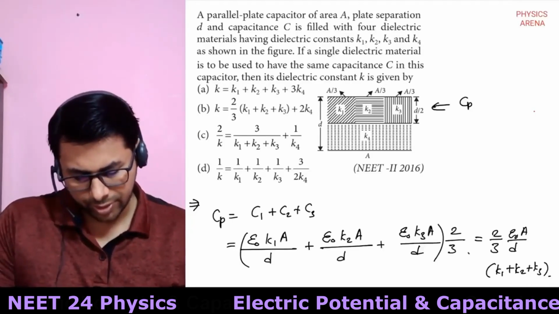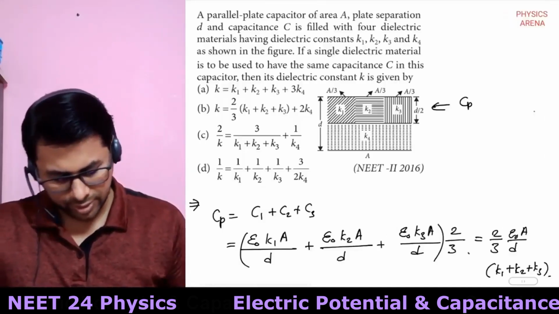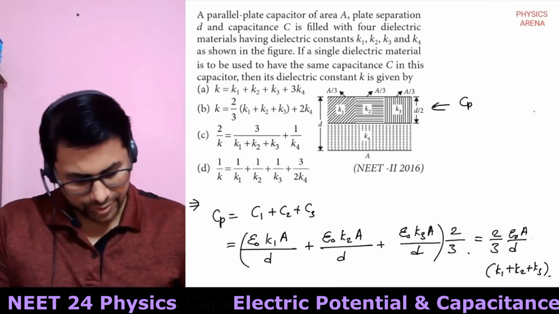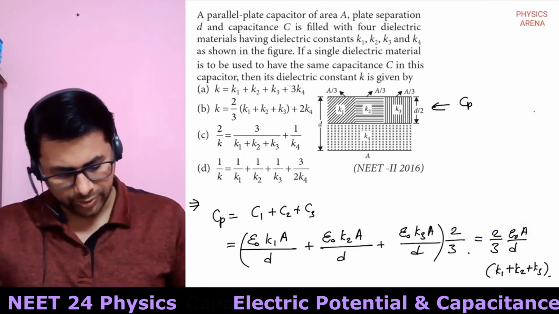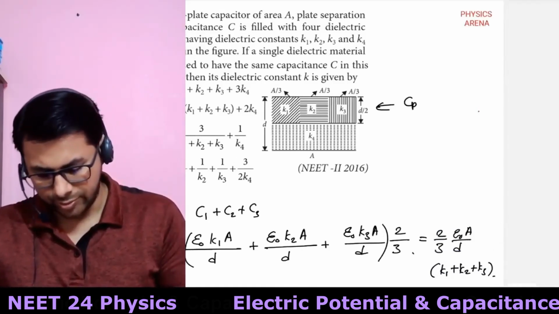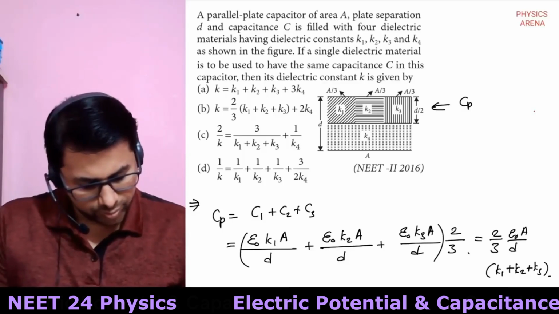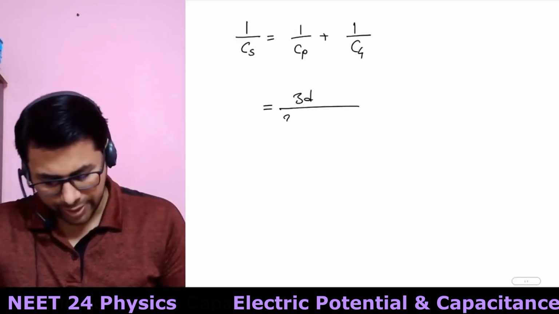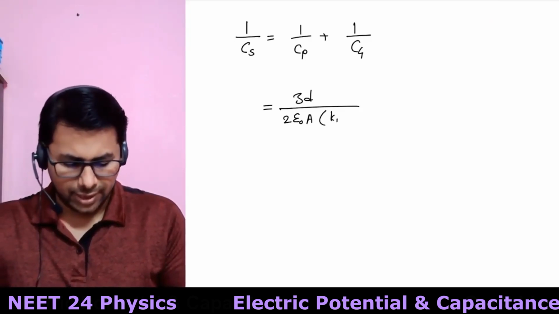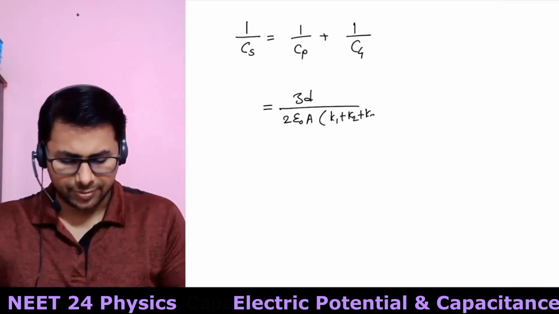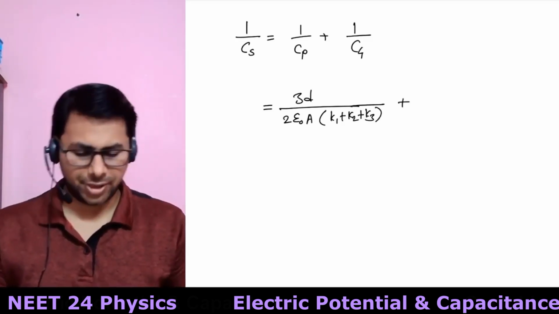Whatever is in the numerator will go in the denominator, and the denominator goes to the numerator. So it is 3D upon 2 times epsilon naught A, K1 plus K2 plus K3. I have just written the reciprocal of that parallel combination.